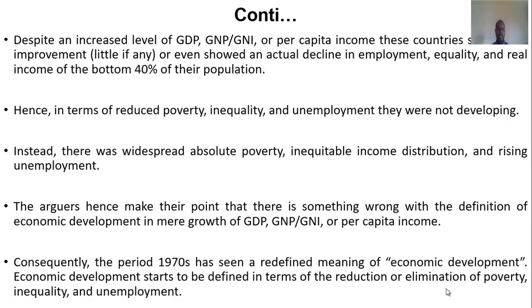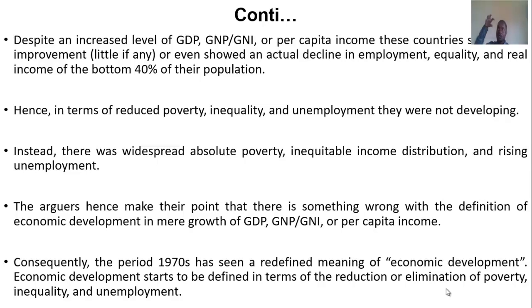Equality and the real income of the bottom 40% of the population worsened, and despite GDP, GNI or per capita income increasing, the countries were struggling. This was because there was no trickle down.